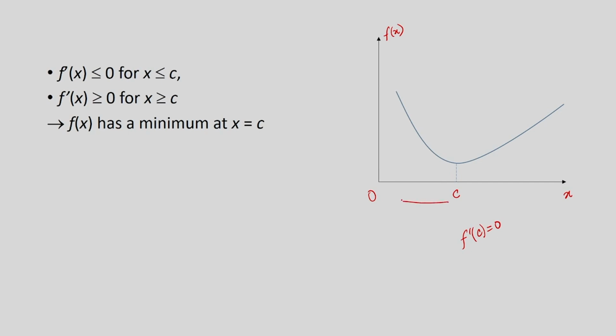To the left of c, you have f dash of x is less than or equal to 0, the function is decreasing. And to the right of c, f dash of x is greater than or equal to 0, that is, it is an increasing function. That means that the function must have reached a minimum at x is equal to c.